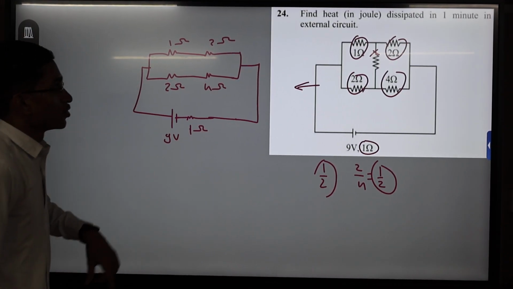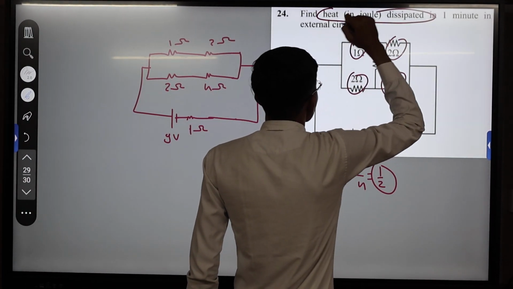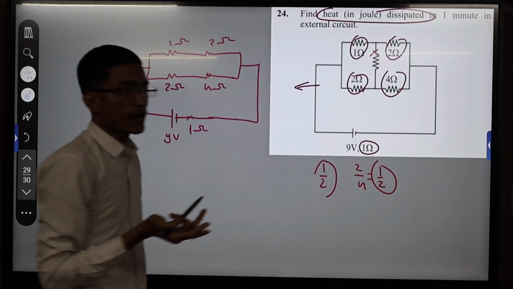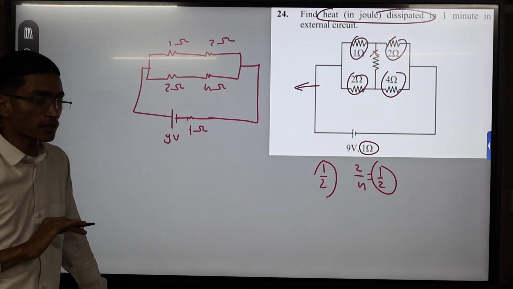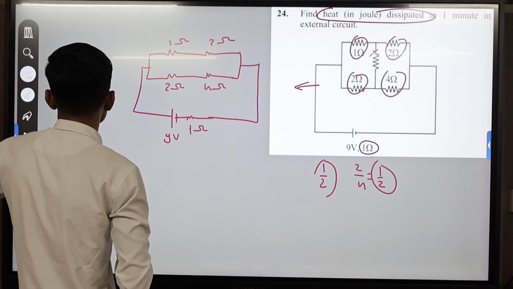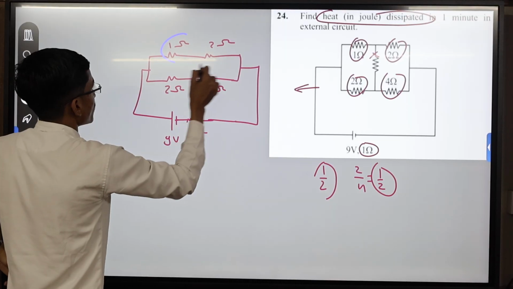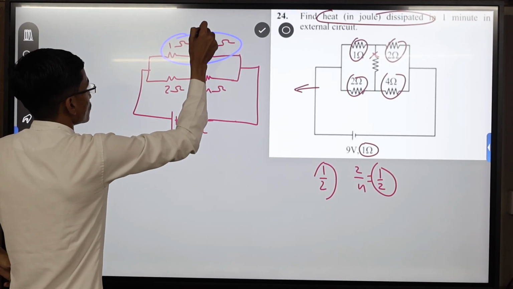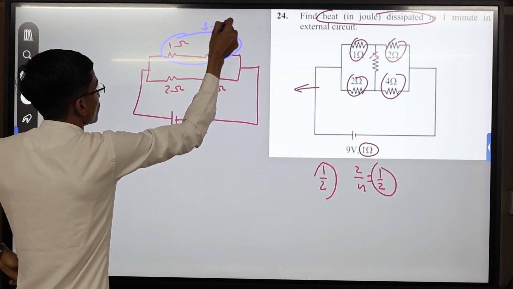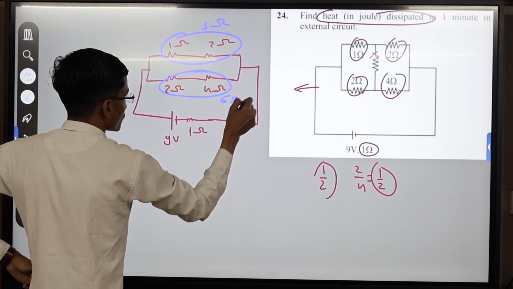So if we have to find the heat dissipated in 1 minute in this circuit, we have to find the equivalent resistance of the circuit. The equivalent resistance of the first pair will become 3 ohm, and 4 plus 2 will become 6 ohm.